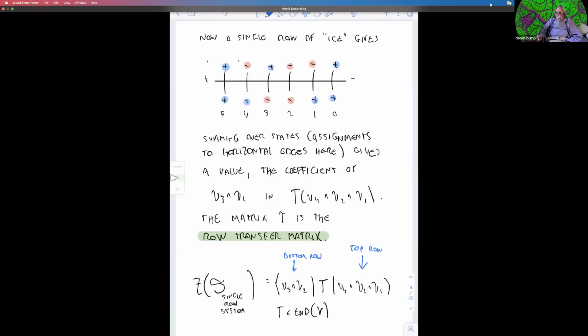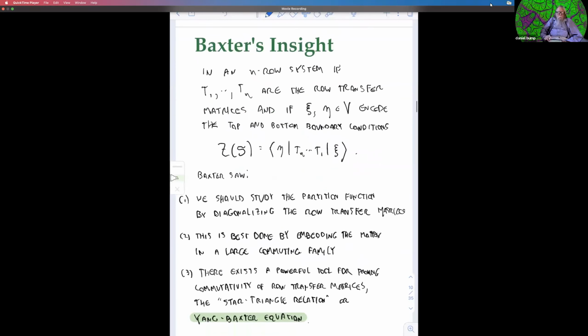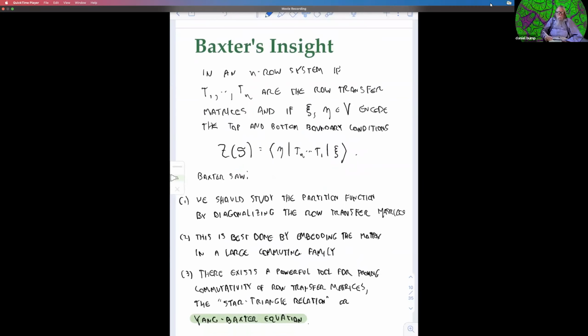So you have an endomorphism of this vector space, and that's the row transfer matrix. If I have n rows, and I have the row transfer matrices, and vectors corresponding to the top and bottom boundary conditions, then the partition function has this interpretation. I iterate the row transfer matrices.